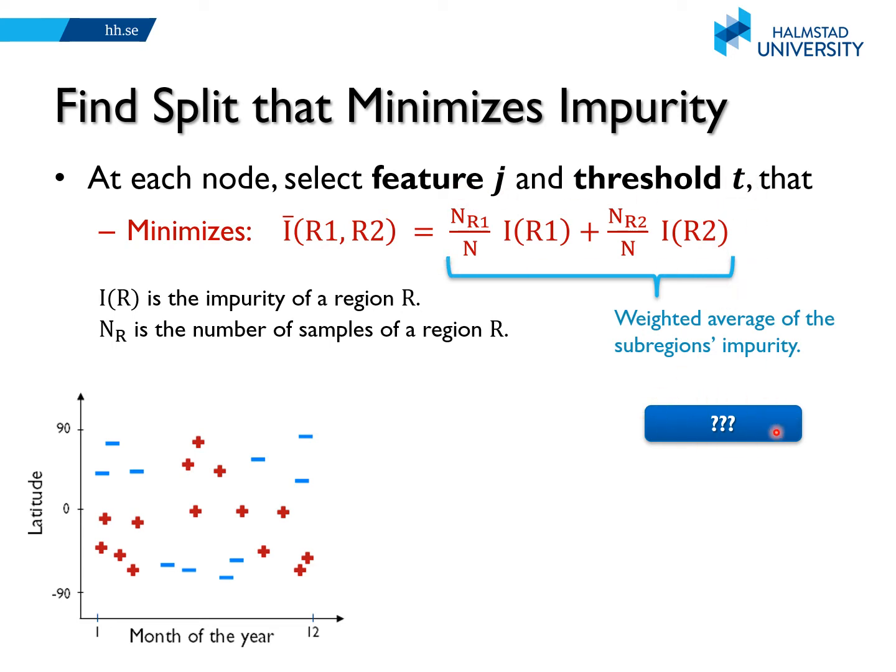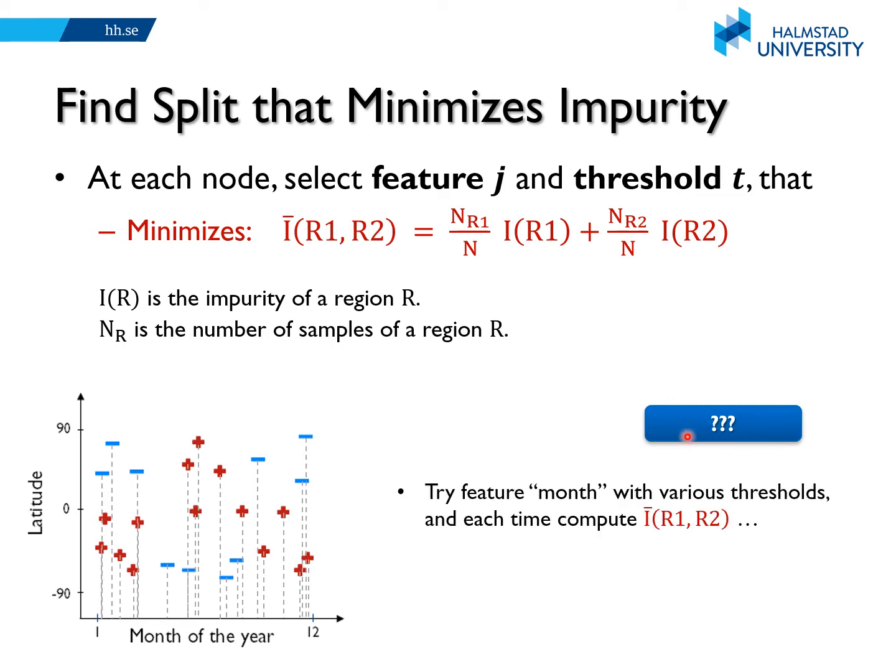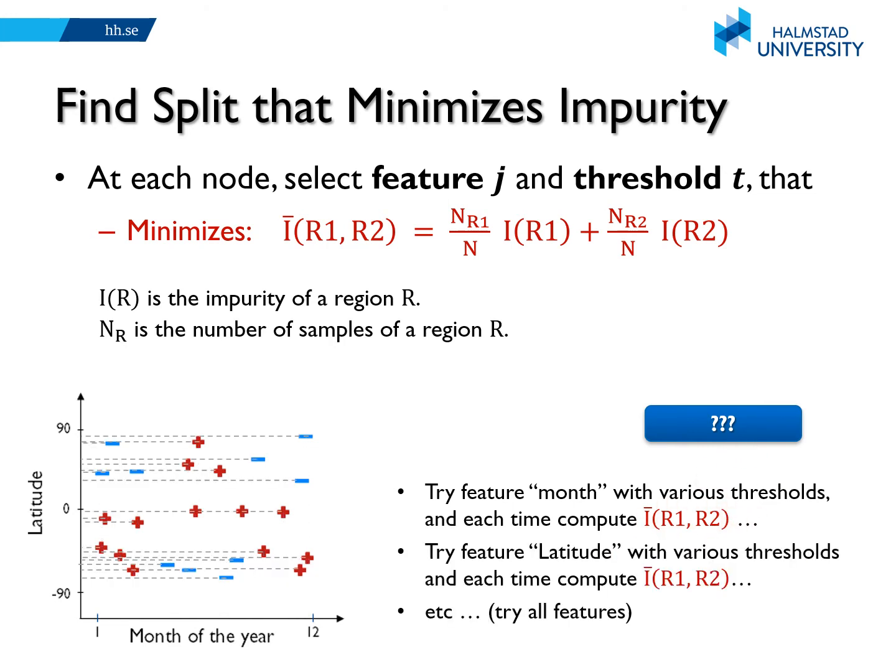Okay, so to minimize this, we can just use a brute force search over all possible features and thresholds. So we try to ask the question based on a feature month and various thresholds. Initially, we will have n thresholds. And each time we compute the impurity of the subregions that we get. And we try also the feature latitude with various thresholds, so all those.